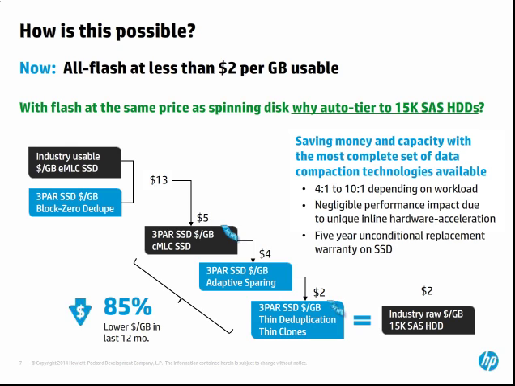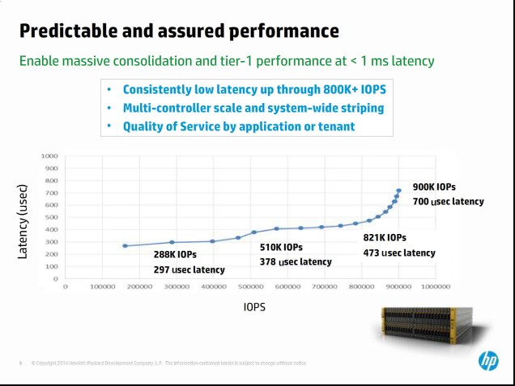So we have $2 a gigabyte for flash, $2 a gigabyte for high-performance spinning, and we propose that this become the starting point for all mission-critical, performance-sensitive storage from now into the future. Lead with all flash, start with all flash, and avoid having to make those complex decisions about which workload is suitable, which workload is not suitable for all flash.